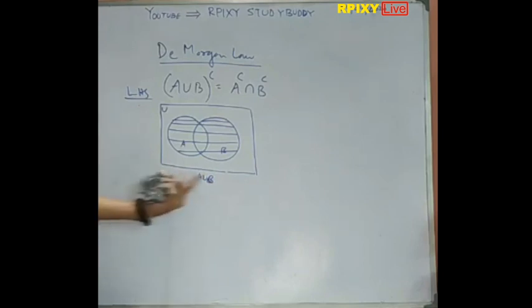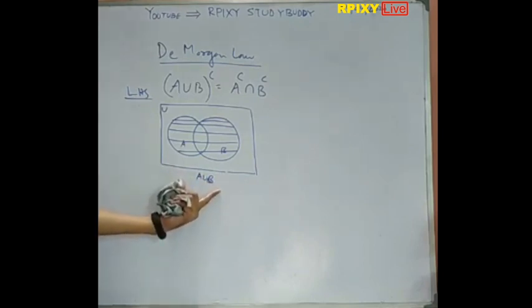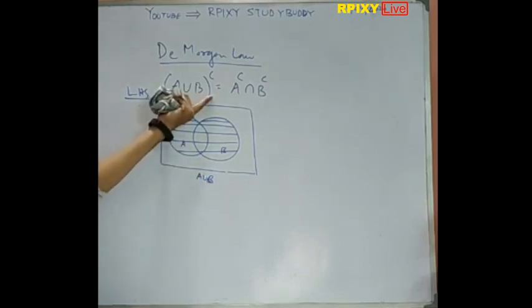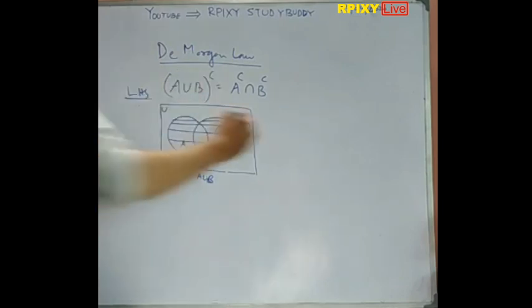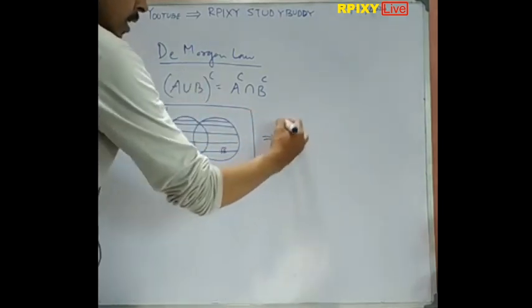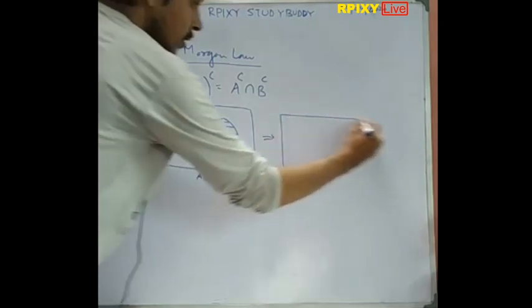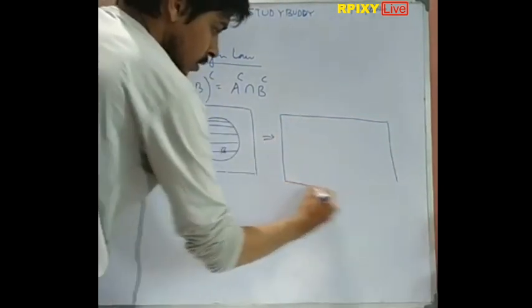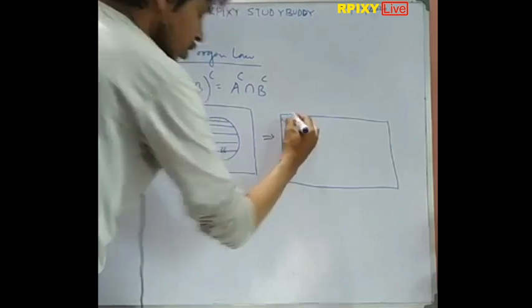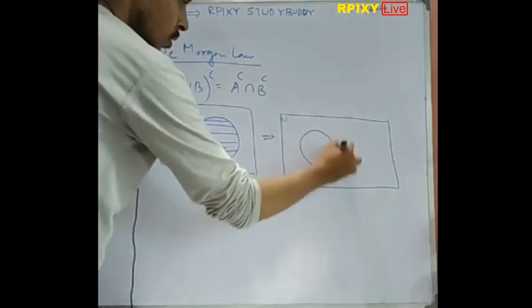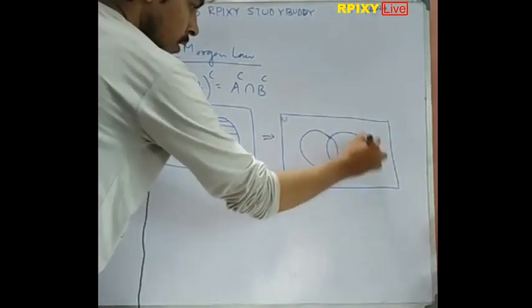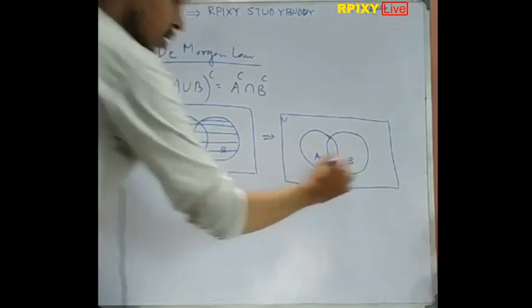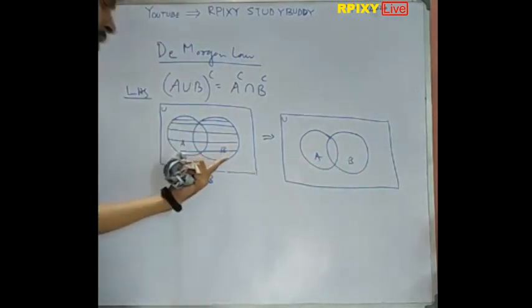First I am drawing A union B. But what is on the left hand side? A union B complement. Next I am taking the complement of that. Suppose this is the U, this is A, this is B. Now if A union B is the region of that portion, then what is the complement?